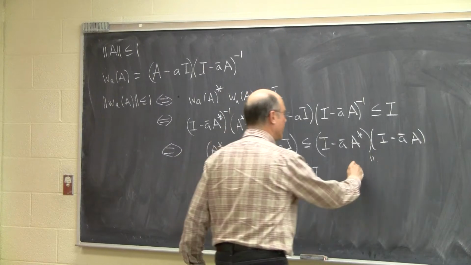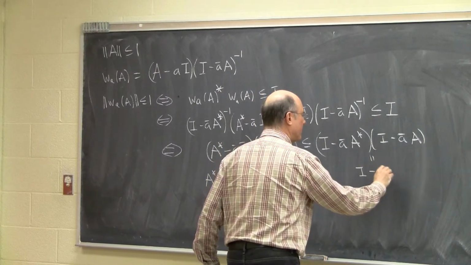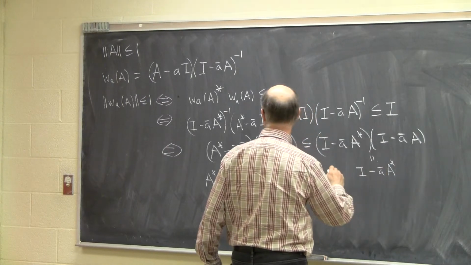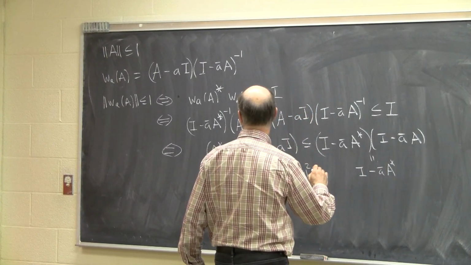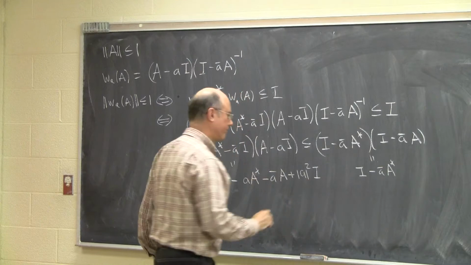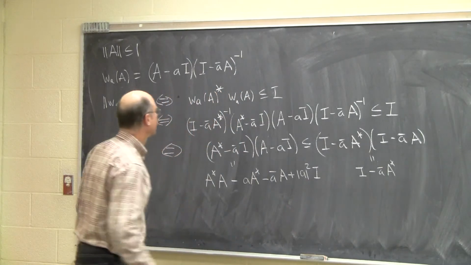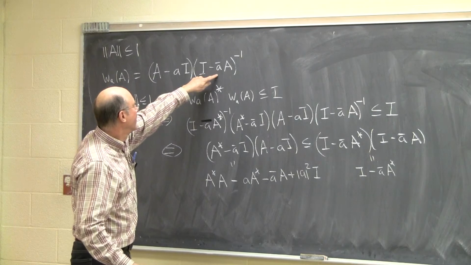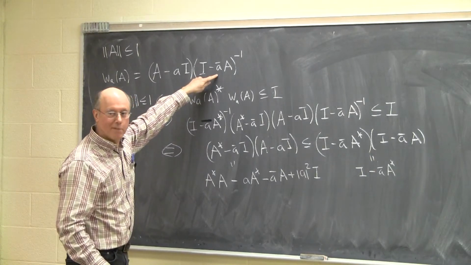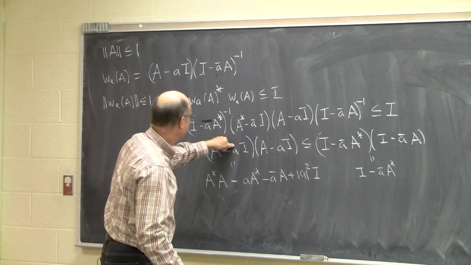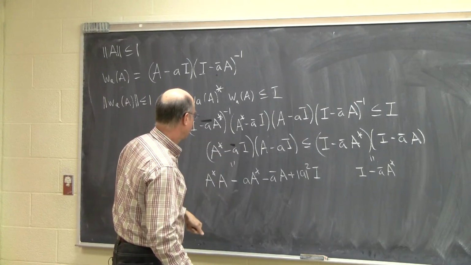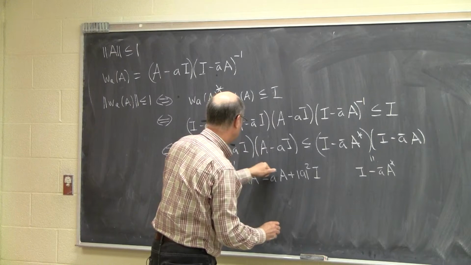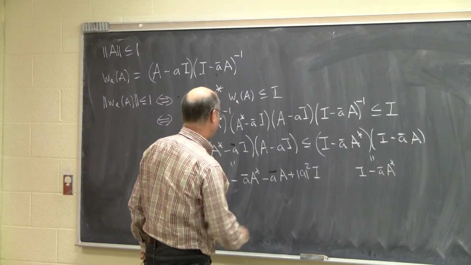And this is equal to the identity minus a A star, and when I take the adjoint of that, the a bar becomes an a.